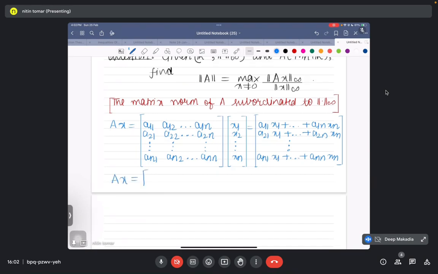As you can see, it is a vector, and its general entries are of the form aij xj, where j varies from 1 to n. This is a column vector. So what will be norm Ax infinity? Because you need it in the definition. Am I correct? Now you do. Take your time.